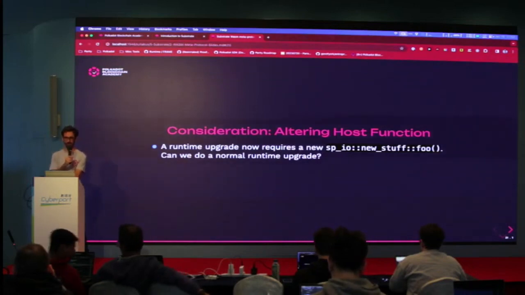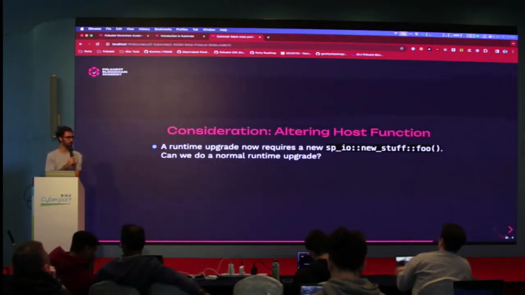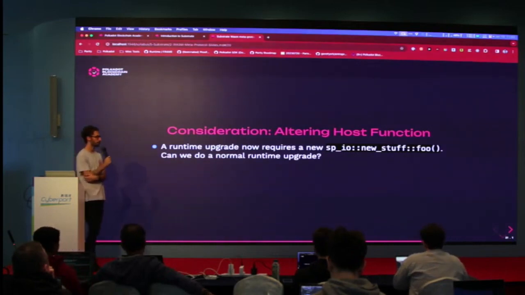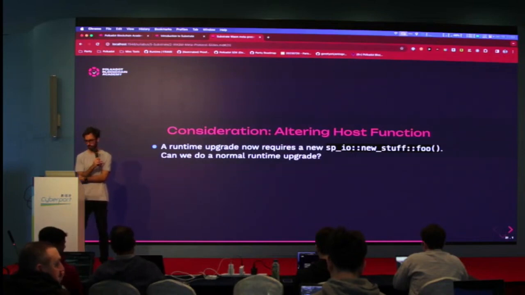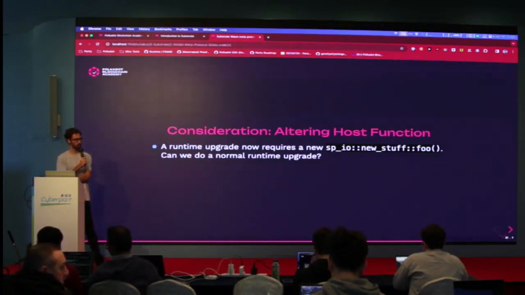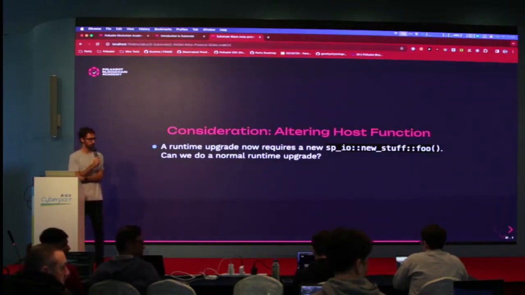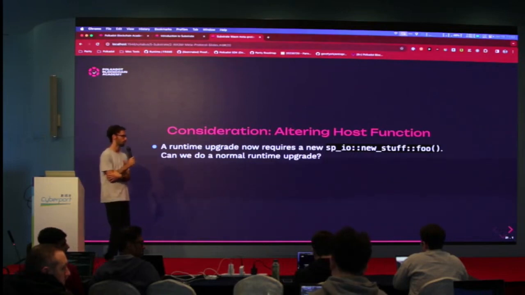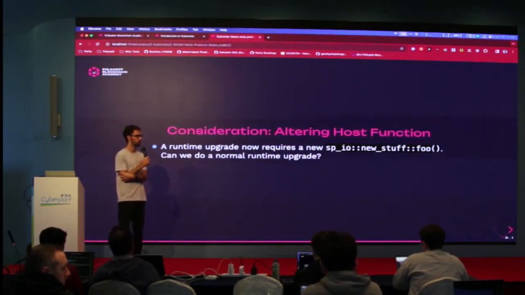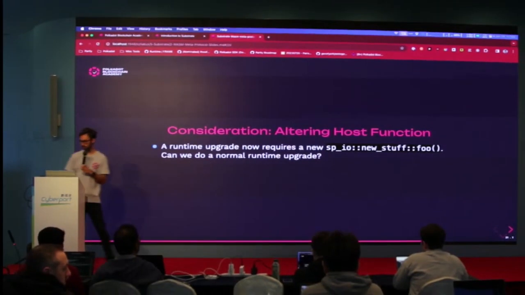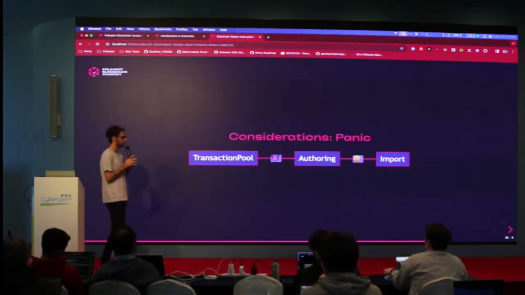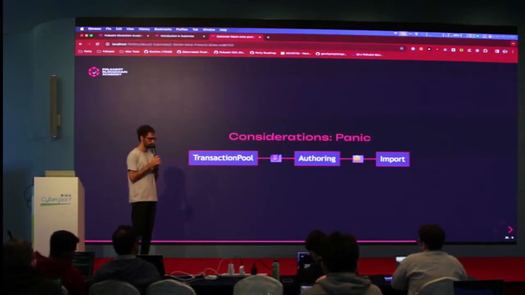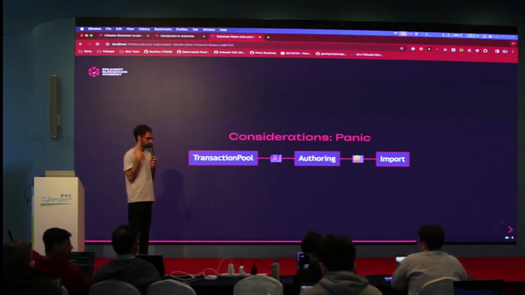Yeah, Mauricio. So my question is on the last slide. While block importing, we are somehow confident the node filtered out any panicking or bad transaction in the mempool, with the pre-checks and everything, right? Yes. So this scenario happened to me, on a parachain, but the same logic applies.